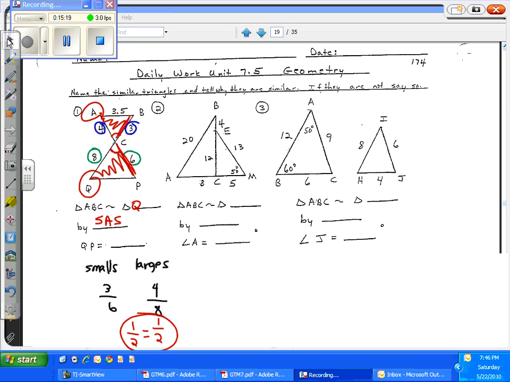B was the angle opposite the large. So we have to look at the angle opposite the large, and we get P. And then the C's were your verticals, and so C equals C. Okay?